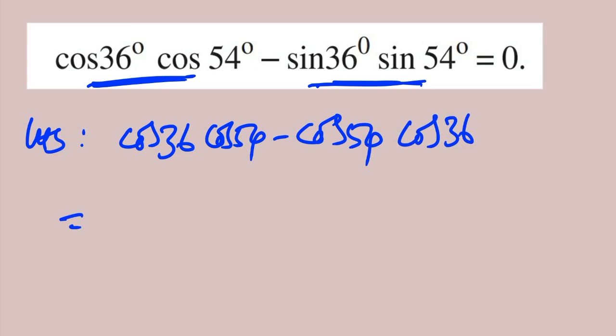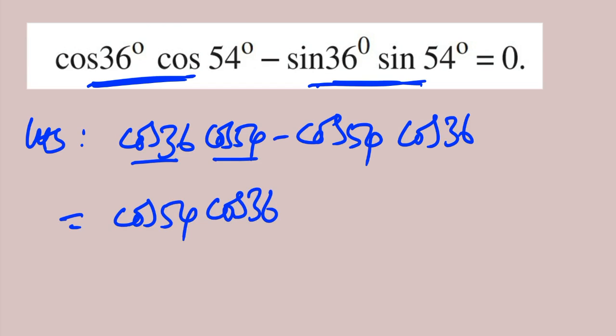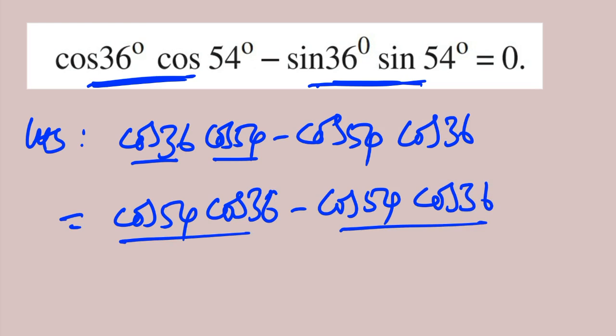So therefore now you see cos 36 cos 54, I can write cos 54 and cos 36, just rearrangement, minus cos 54 and cos 36. You see these two terms are now equal, cos 54 cos 36, cos 54 cos 36, both are the same terms, therefore we can cancel both. After that 0 is the answer. So in this way we can use the complementary angles of trigonometric ratios for solving these kinds of problems.